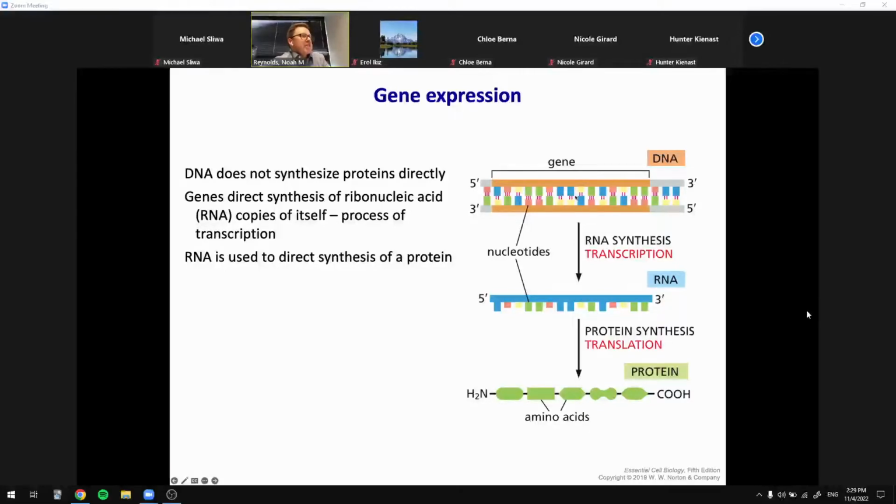For gene expression, we go from DNA to RNA, and we call the RNA that's going to encode a protein a messenger RNA. We have other RNAs that are expressed, non-coding RNAs, but if it is translated into protein, this is messenger RNA.